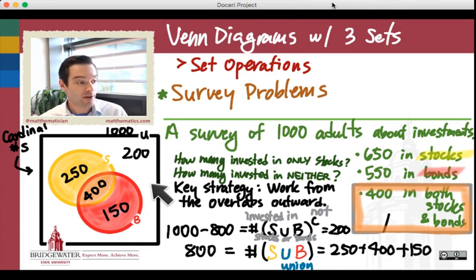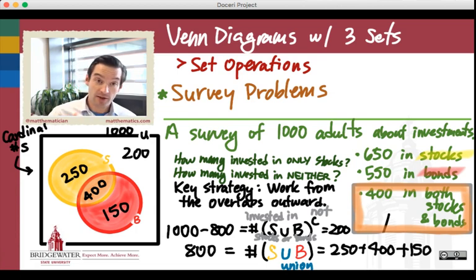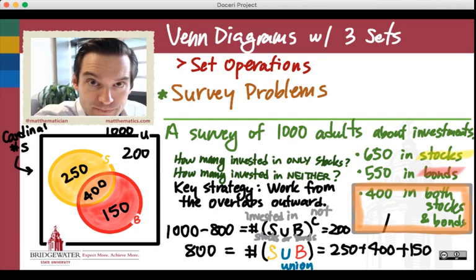And then finally, there's the complement of everything, the region that's in the universe but is outside of both of those two sets. So always four regions to label in a two-set Venn diagram. And now that we've labeled them all, we can answer any survey question about this data that's thrown at us.